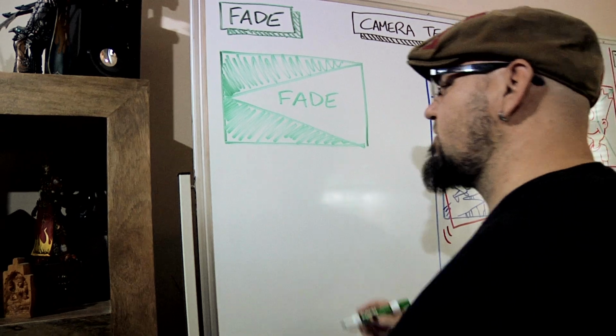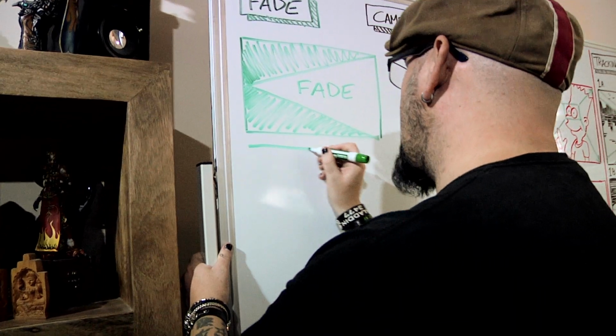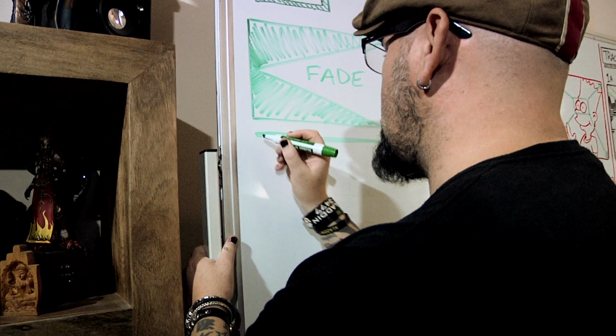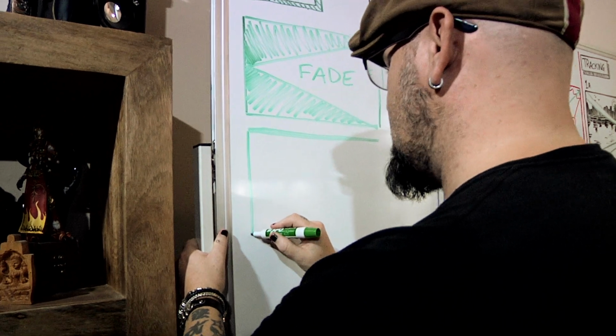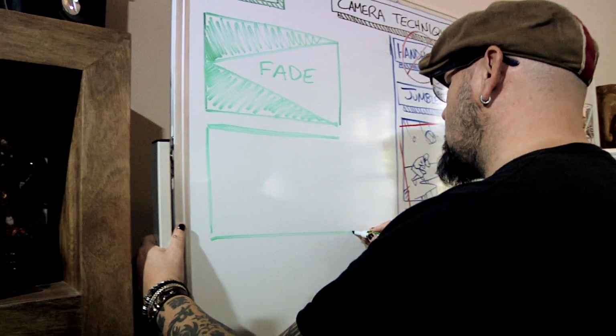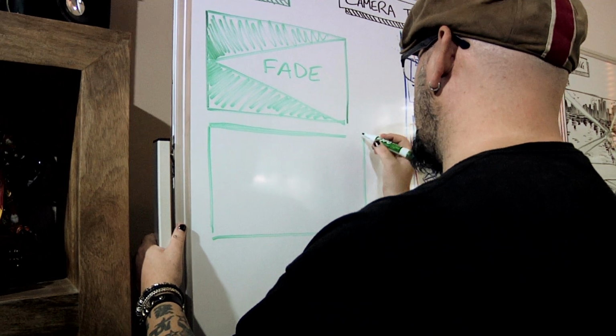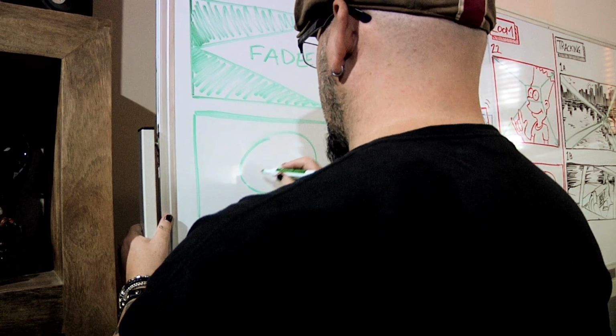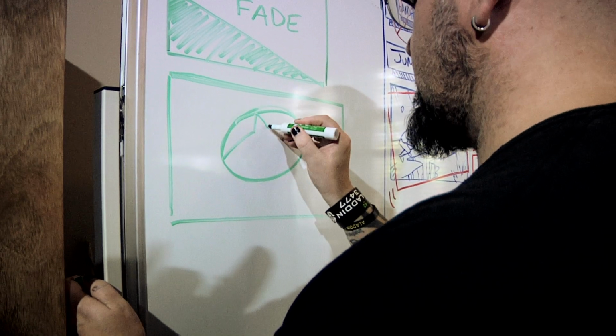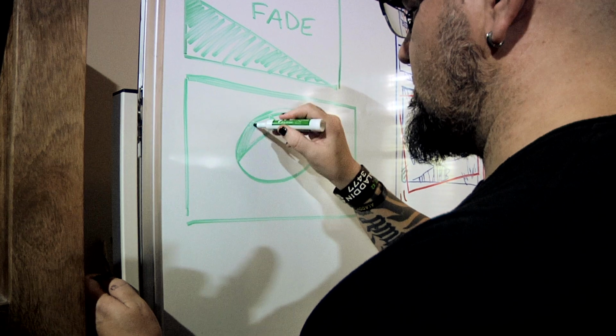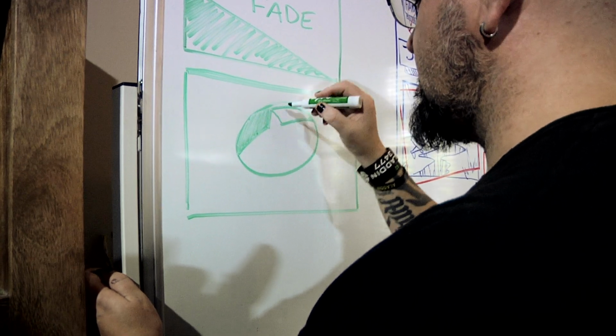So let's say our first shot, we have a Powerpuff Girls animated project, and we are fading into a shot where Buttercup is upset about something. So I've got Buttercup here, her hair kind of colored in like so.